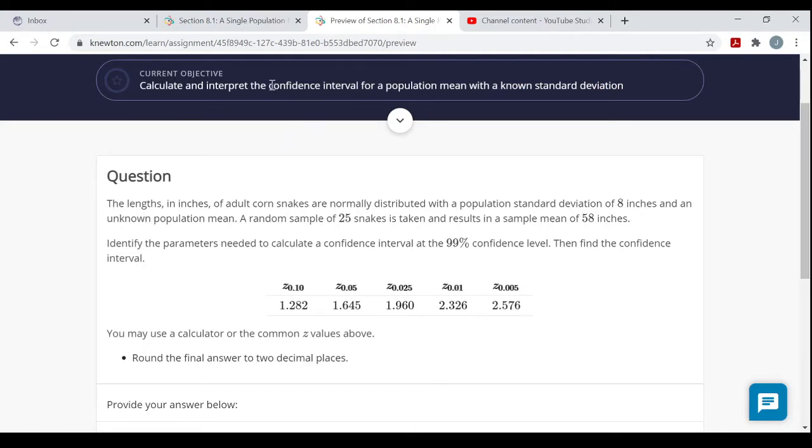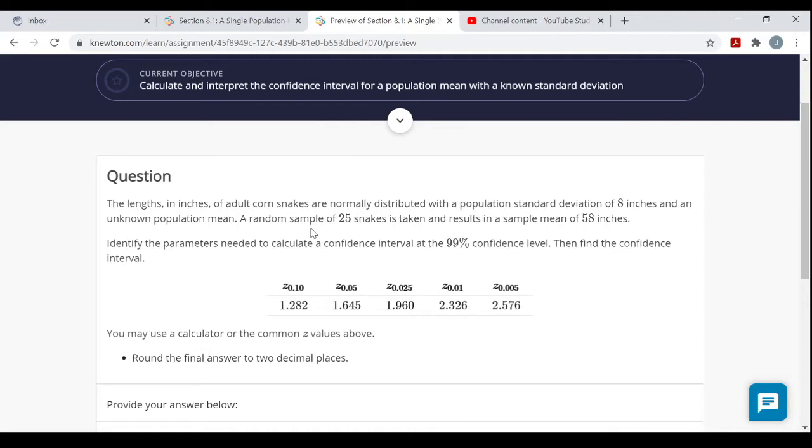Remember, when you make a confidence interval for a mean, that means you're guessing what the mean is. Right, a confidence interval is a guess. You guess with a certain level of confidence that the population mean or the population proportion or whatever is in this particular range of values, this interval.